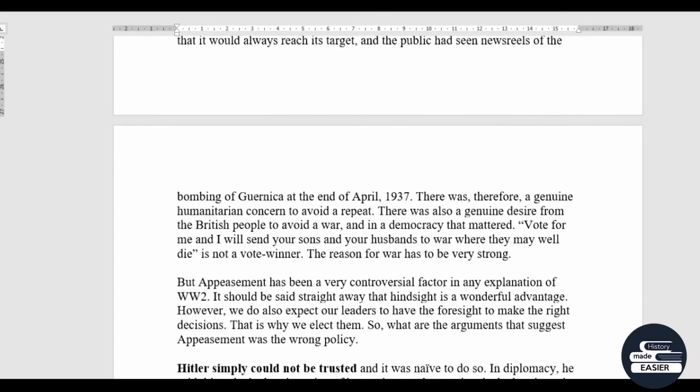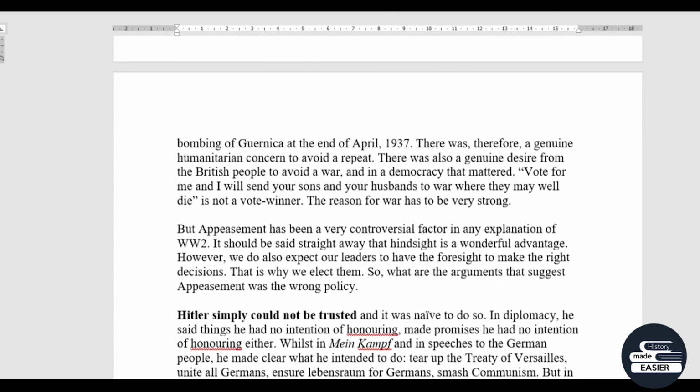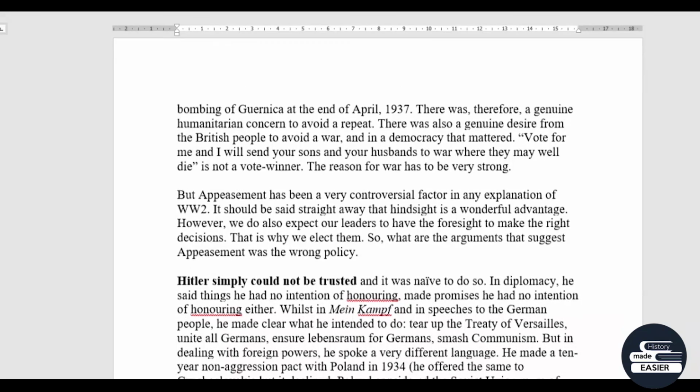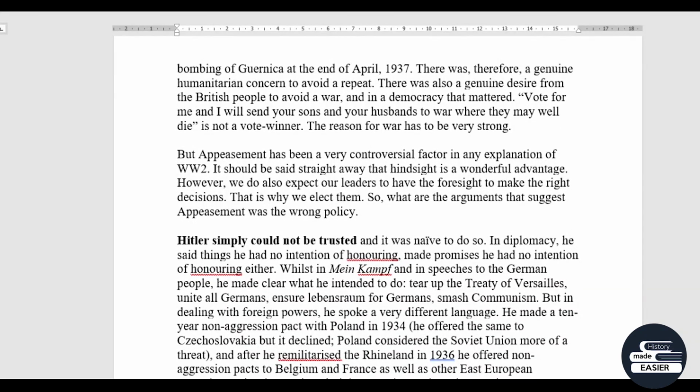And so to our arguments against appeasement. Again, think about wrong at the time, or wrong in hindsight. Hitler simply could not be trusted. And for goodness sake, Hitler did make clear his intention to smash the Treaty of Versailles, to ensure Lebensraum, and to go on the warpath against communism.